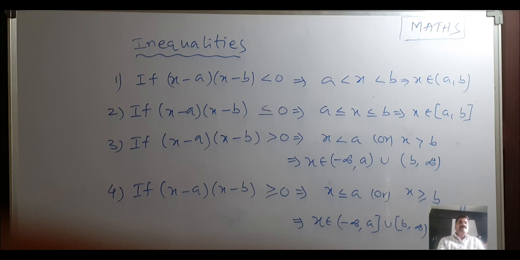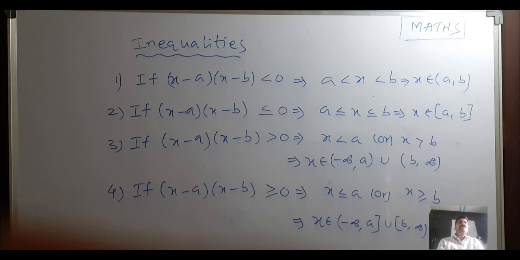If the quadratic expression is ax square plus bx plus c, we can equate it to a into x minus alpha into x minus beta, if alpha comma beta are the roots. Since we need to study the sign of the expression, I mean where it is greater than 0, where it is positive, and where it is less than 0, where it is negative.